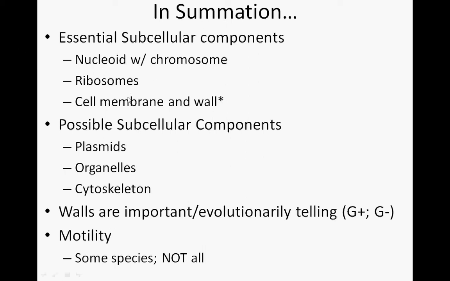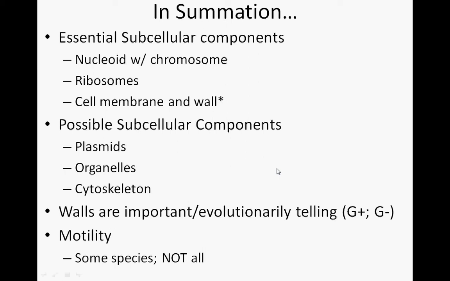We have ribosomes, and we have a cell membrane. By and large, we usually have a cell wall also, but not always. Possible components you can have inside the cell that are reasonably common are things like plasmids. Less common, we have specific bacterial organelles and the cytoskeleton.